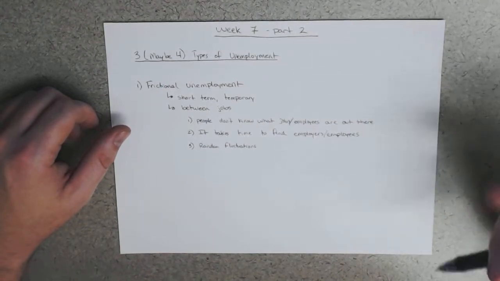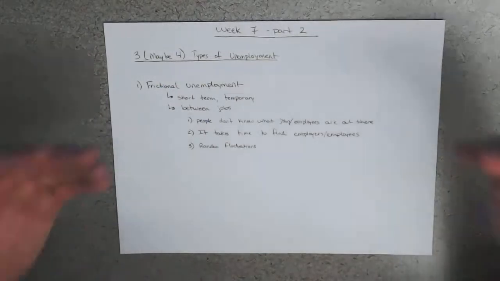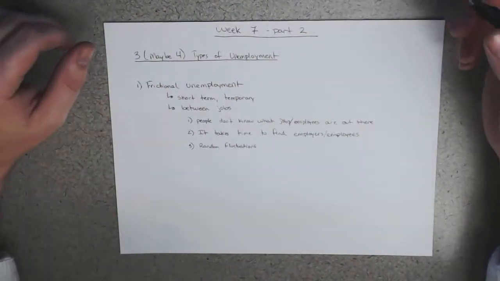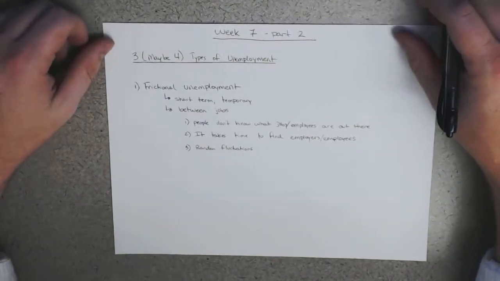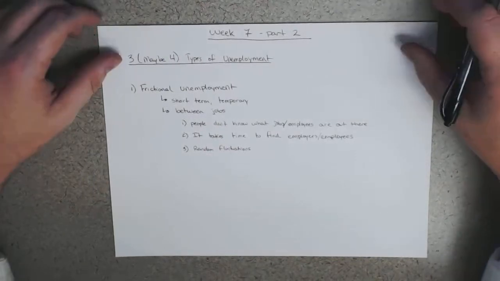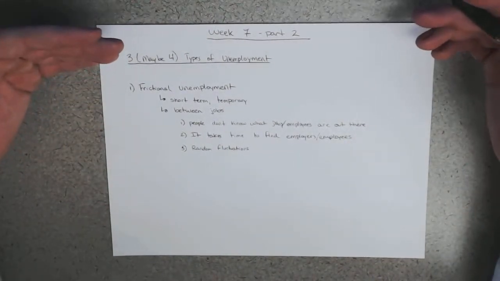If we think about finding a job as a probability, say there's an 85% chance that you'll find a job on any given day, the higher that probability is, the better.